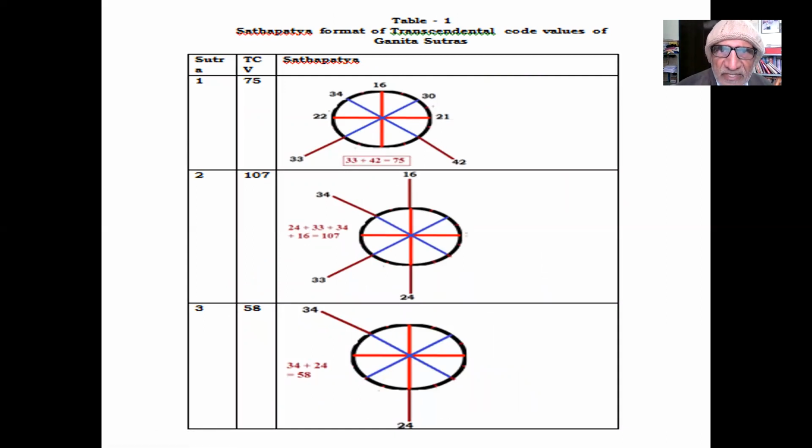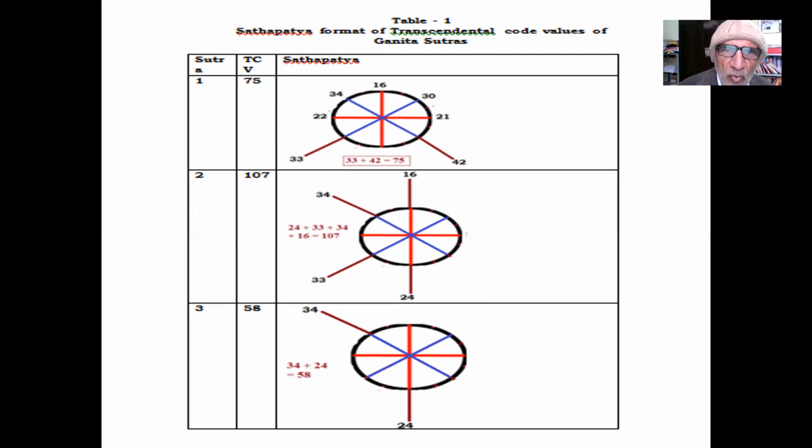Let us concentrate upon Table 1. It is about Sthapatya format, geometric formats of transcendental code values of Ganita Sutras. Ganita Sutra 1, Ekadhiken Purvel, is of transcendental code value 75. Now let us concentrate upon the 8 directional frame. See the Ishan Kon, the northeast direction, and the west-south direction. These are the leading values 33 and 42.